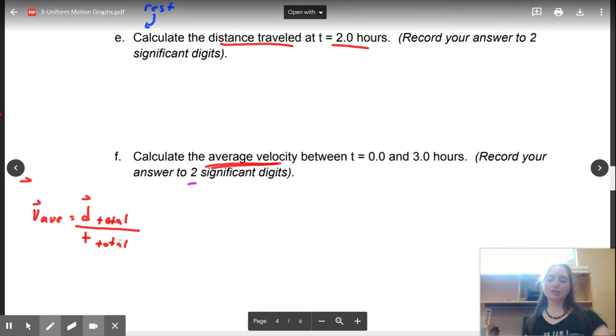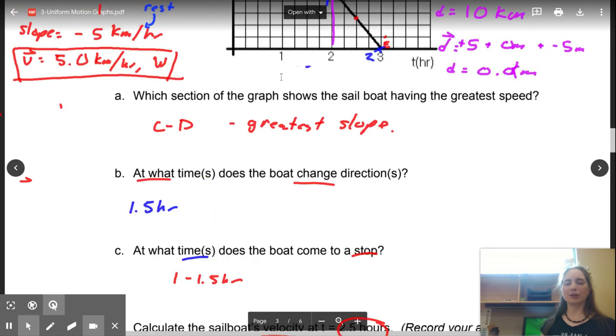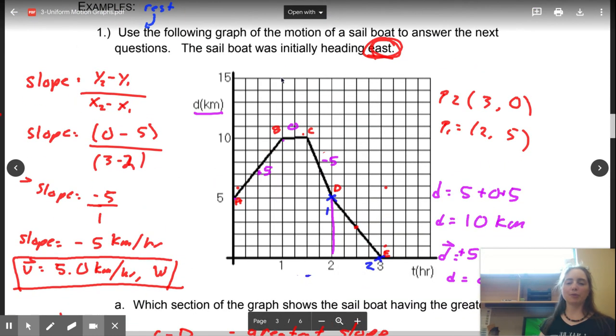Well, ladies and gentlemen, we've only done part of it. We've only done distance and displacement at 2 hours. Okay, let us calculate our total displacement over the 3 hours. So I'm going to go back up to the graph here. I don't have any space left to do calculations directly up here, but we have enough space to do some reading. We've already done part of it.